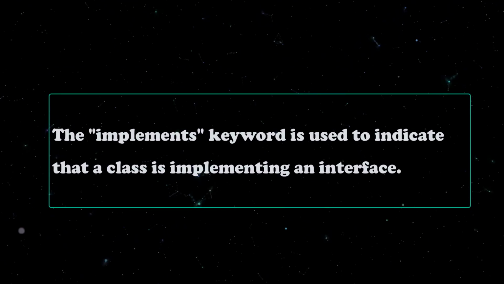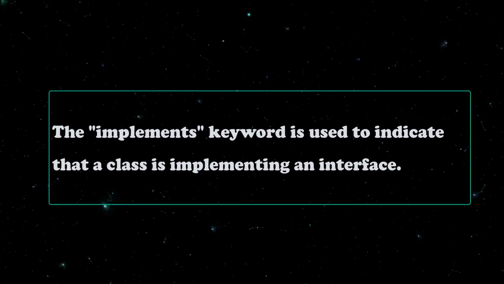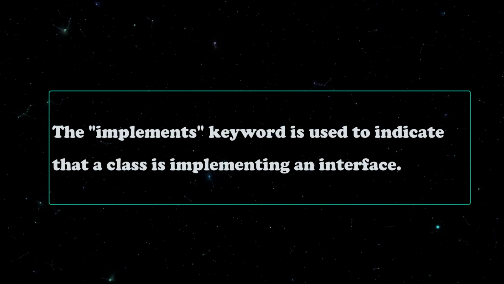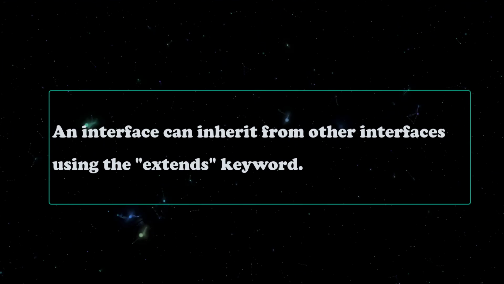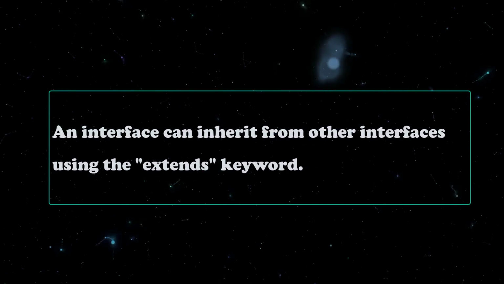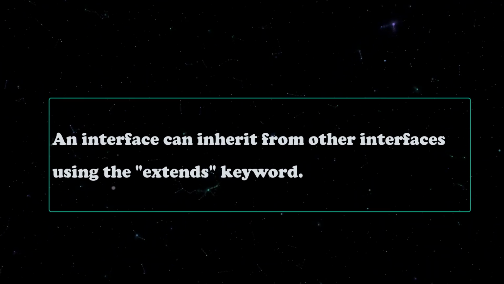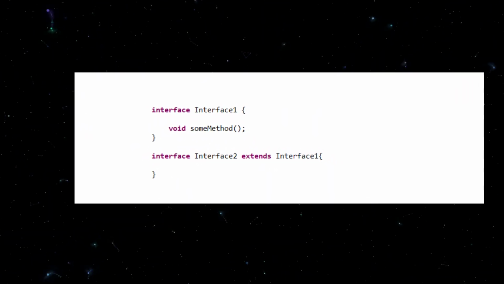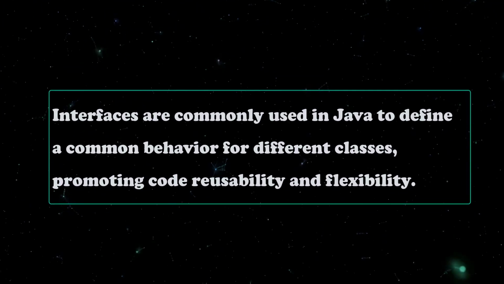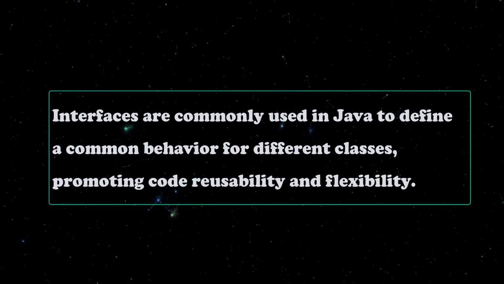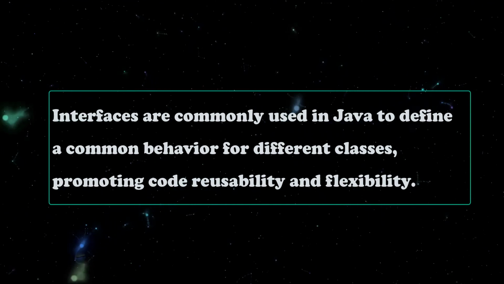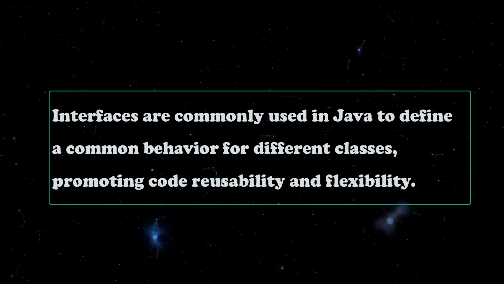The implements keyword is used to indicate that a class is implementing an interface. An interface can inherit from other interfaces using the extends keyword. Interfaces are commonly used in Java to define a common behavior for different classes, promoting code reusability and flexibility.